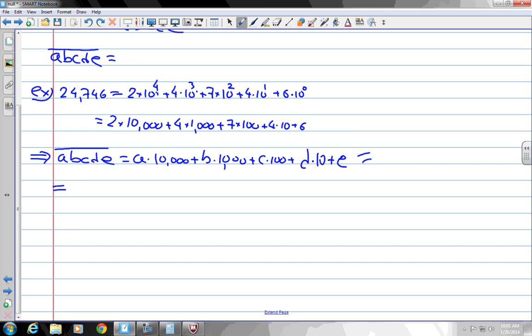Now I'm going to do this. Instead of writing A times 10,000, I'm going to write A times 9,999 plus A. Is that the same as A times 10,000? Yeah, so I'm going to do this for every one of those.